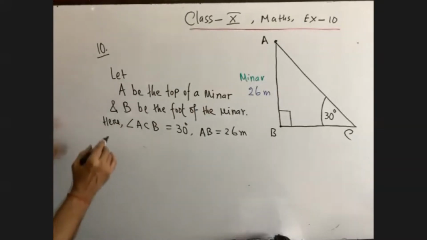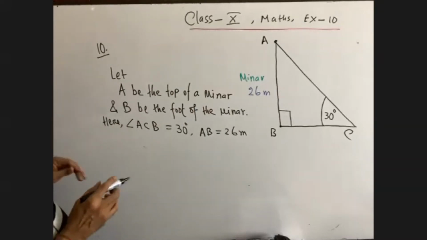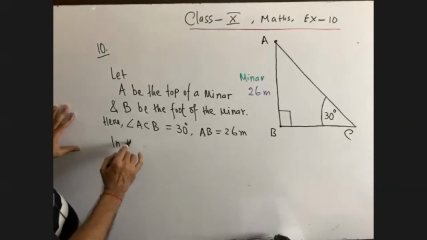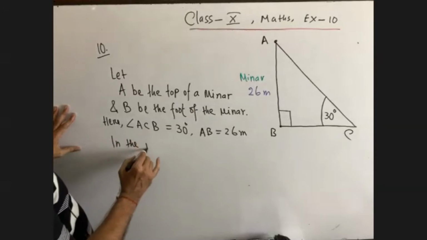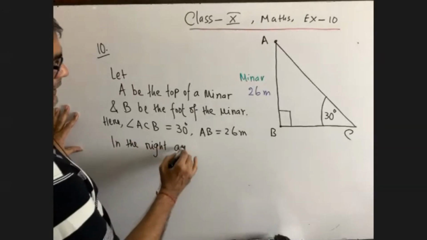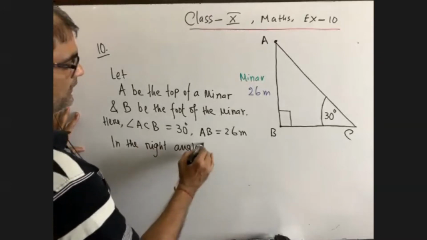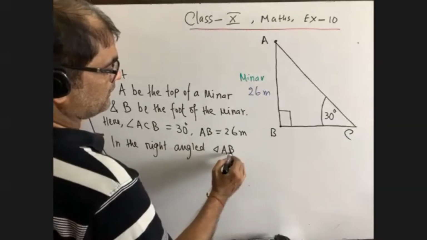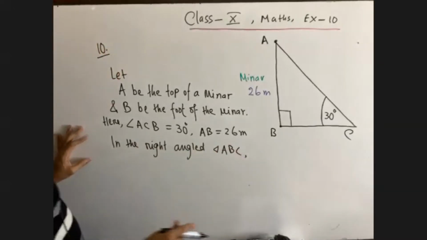Now you have to write down, please don't forget to write this statement that I am going to write down now. In the right angled triangle ABC. Okay, what is to find in this question?